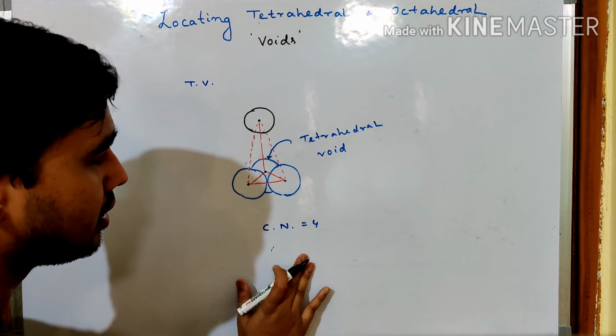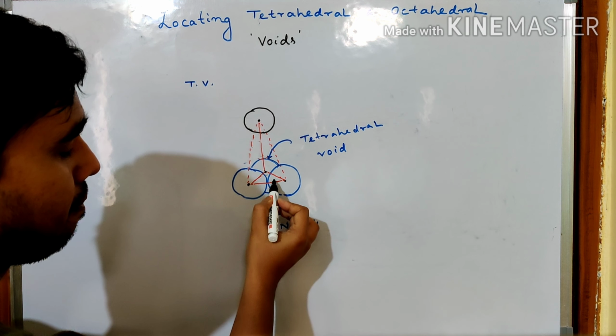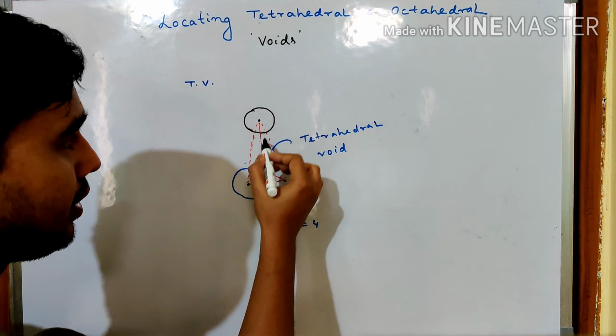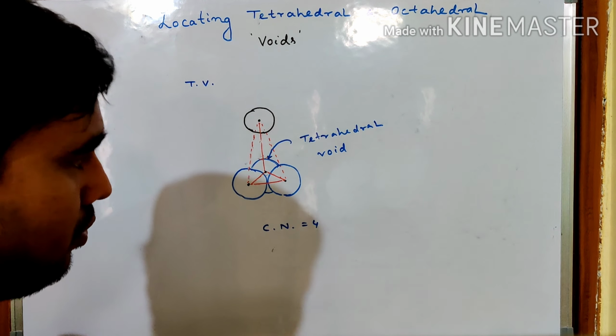So the main thing is, this is how the tetrahedral void will look like. The triangle will be formed between these three and there will be another atom, and that is how it is. Coordination number is 4.